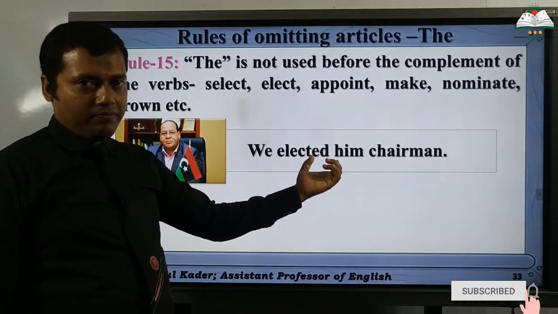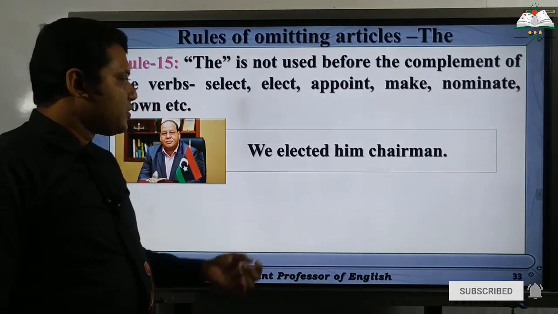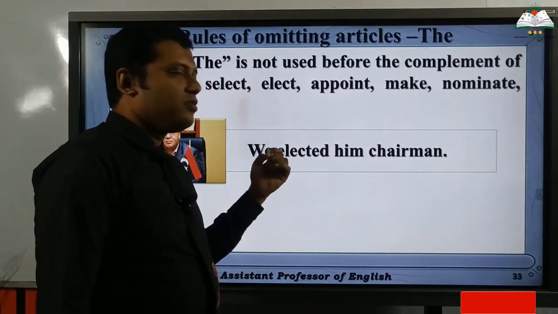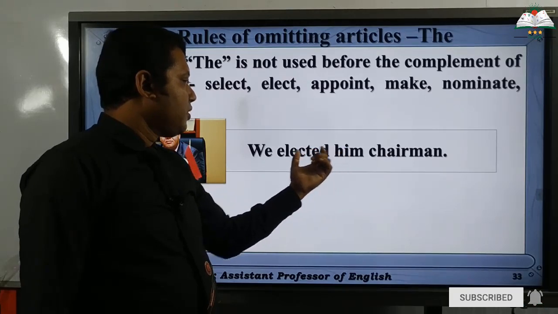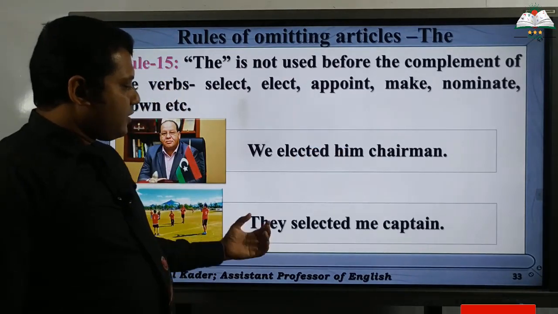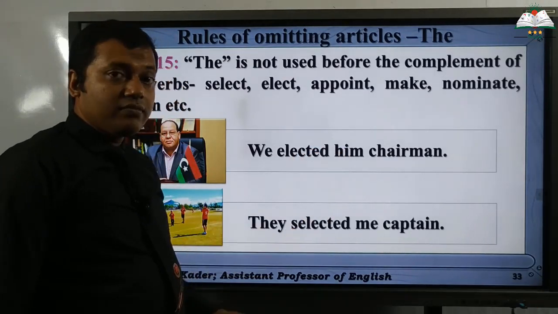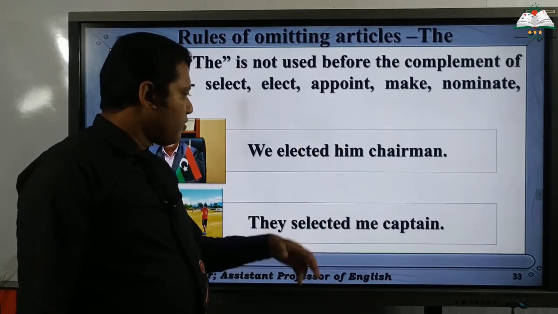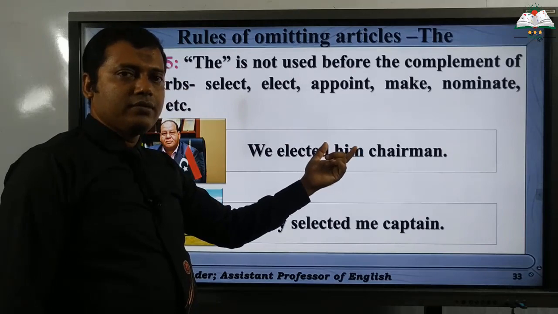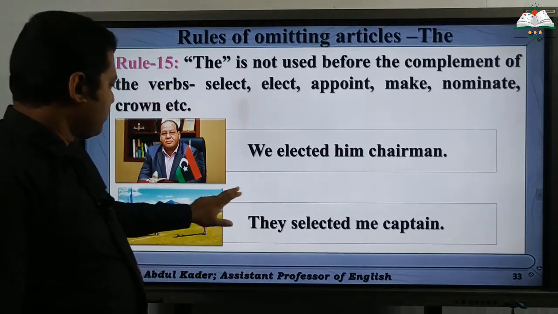We elected him chairman. So chairman is the complement of this sentence. See here, we elected him. They selected me captain. You can't say they selected me the captain. You can't say we elected him the chairman. Clear?